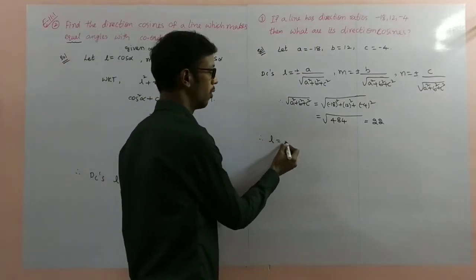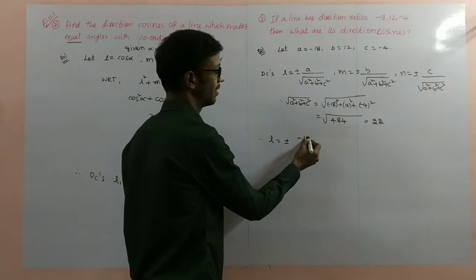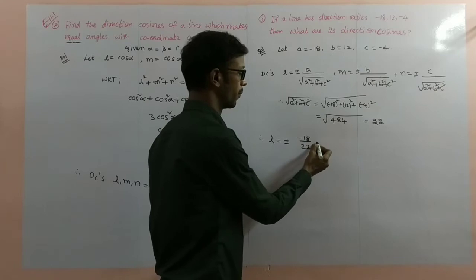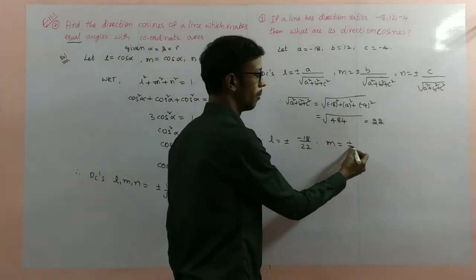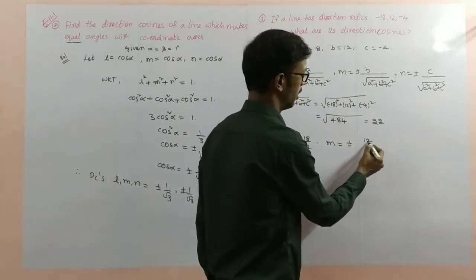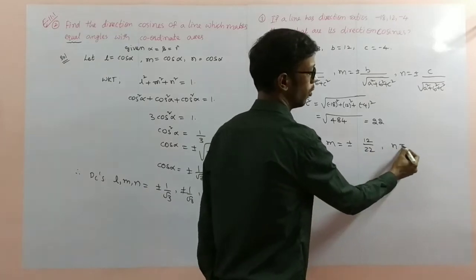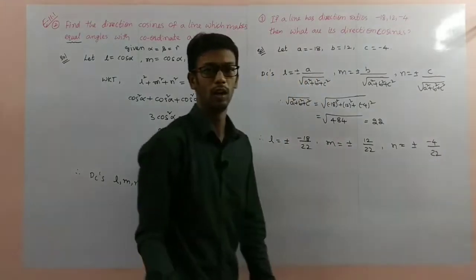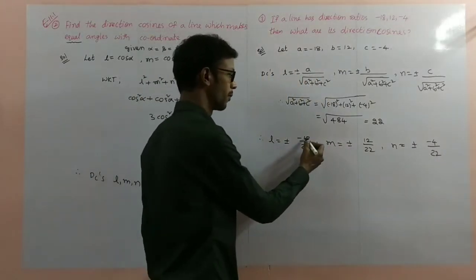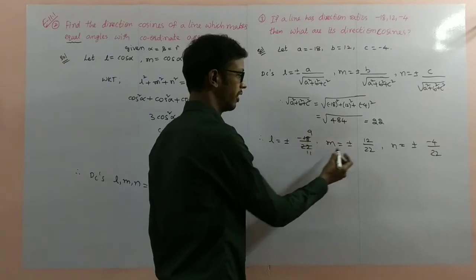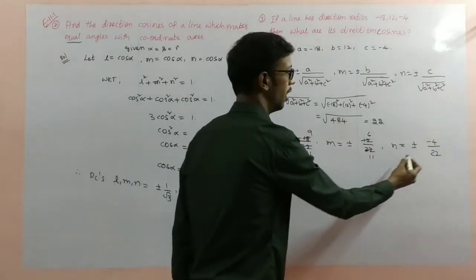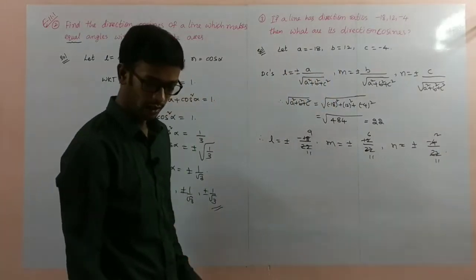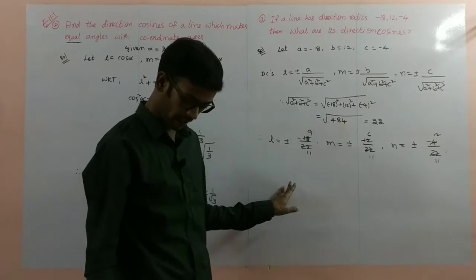Therefore, l equal to plus or minus 18 by 22, m equal to plus or minus 12 by 22, n equal to plus or minus 4 by 22. If you make the cancellation, 2 9s are 18, 2 11s are 22, 2 6s are 12, 2 11s are 22, 2 2s are 4, 2 11s are 22. Therefore, what can we write as the direction cosines?